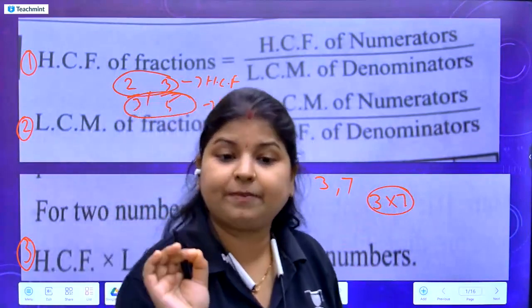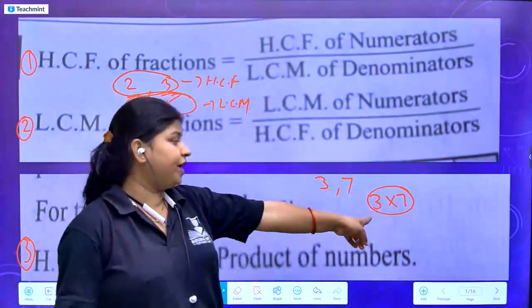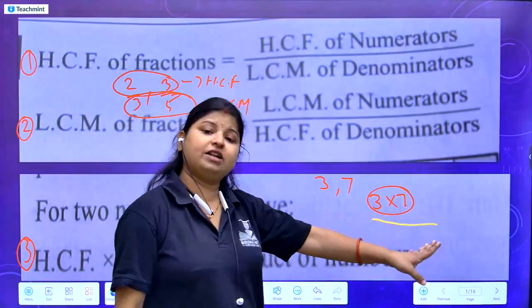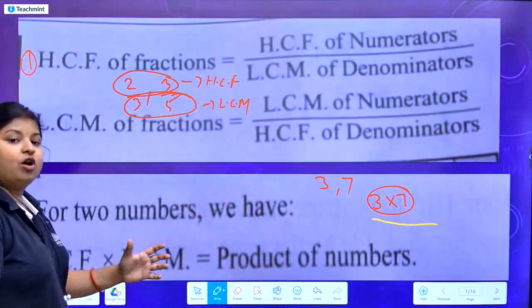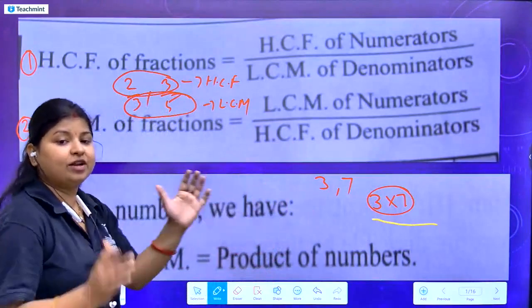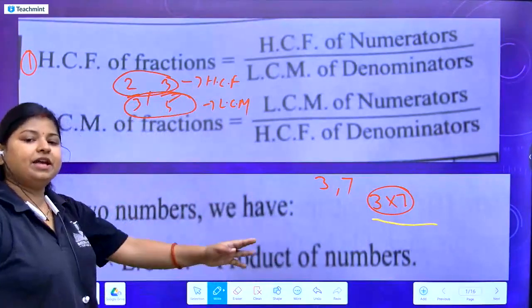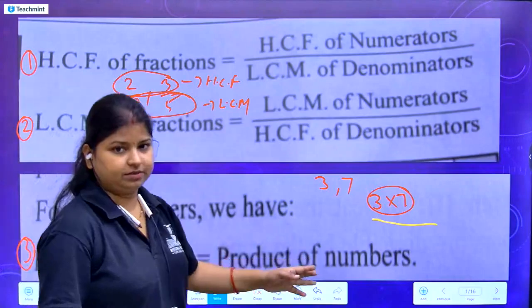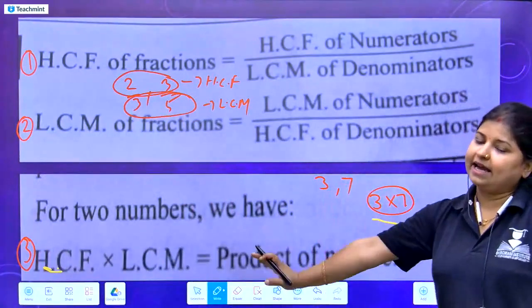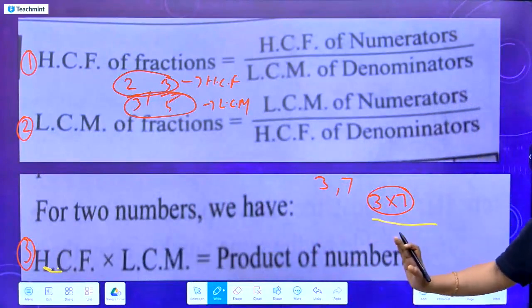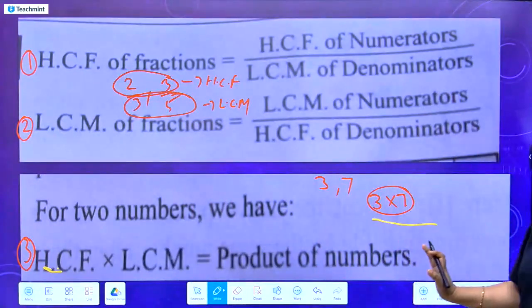Product means multiplication of the numbers. When you multiply the LCM and HCF of 3 and 7, it will be equal to the product of the numbers. This is also a formula: HCF into LCM is equal to product of numbers. Noted this down, everyone.